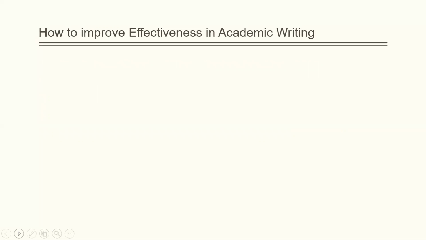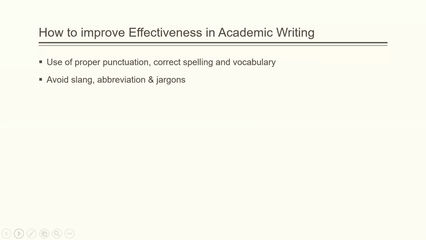Now, let's see how to improve effectiveness in academic writing. How can you improve your academic writing? One is use of proper punctuation. Punctuation: comma, colon, semicolon, capital letters. These are all proper punctuation, correct spelling, and vocabulary. Next is avoid slang, abbreviation, and jargon.